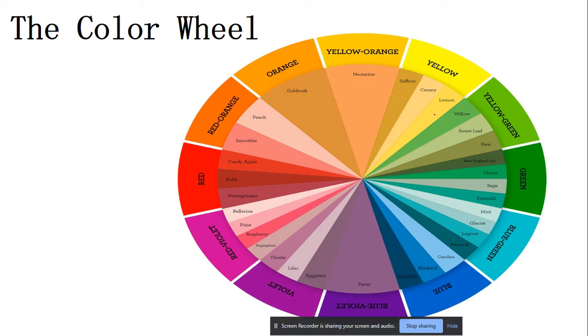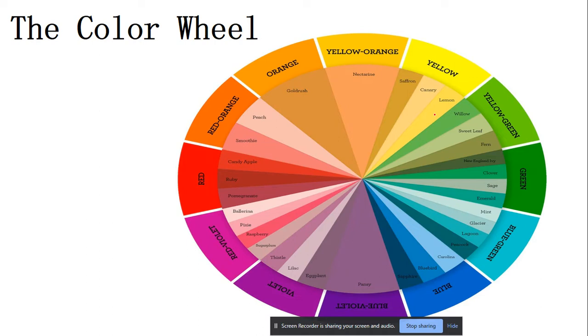As you know, this is very familiar to you, the color wheel. So we have here yellow, yellow-orange, yellow-green, green, blue-green, blue, blue-violet, violet, red-violet, red, red-orange, and orange.